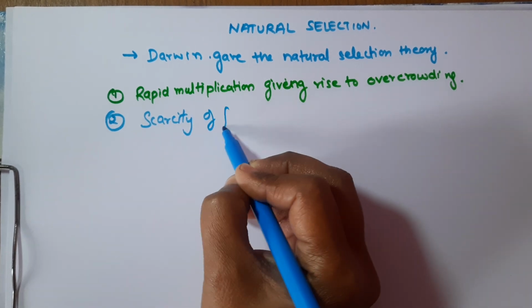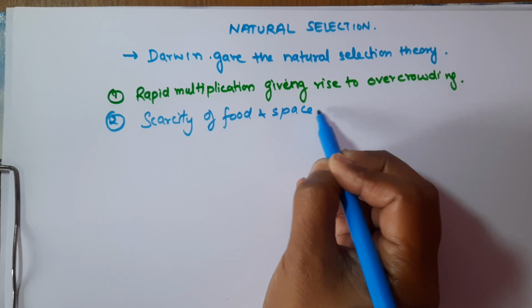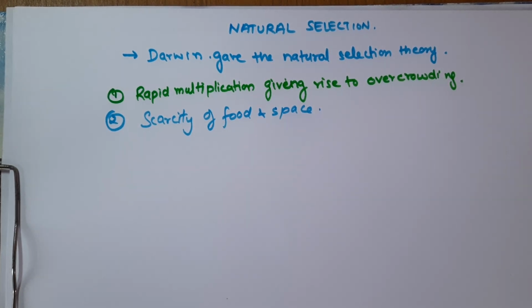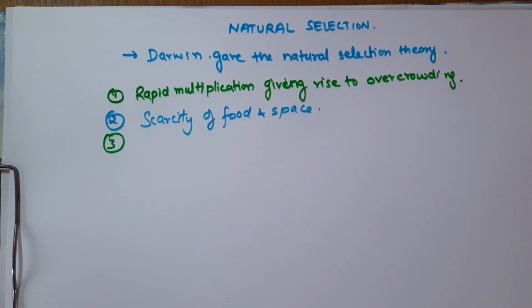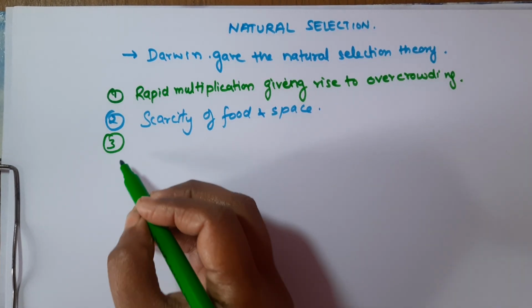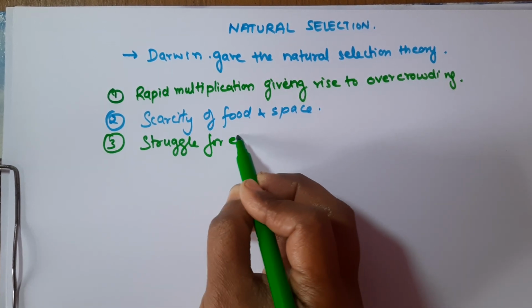All organisms need space and food supply, so as the population grows, the amount of food and space becomes lesser. Now this scarcity has given rise to the struggle for existence.